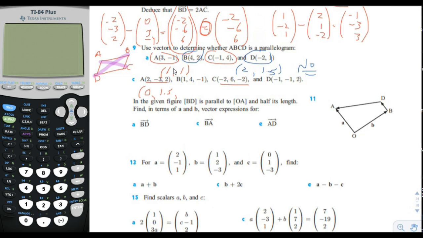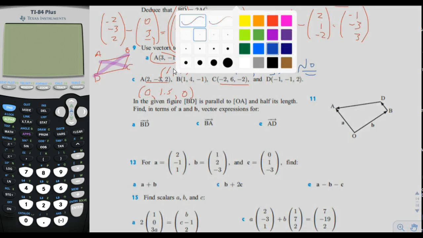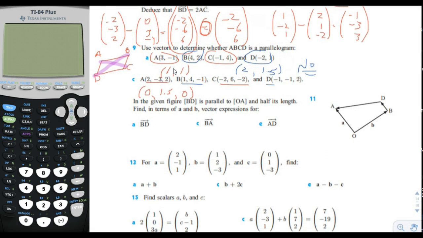And then the z coordinate, 2 and negative 2, it would be 0. Okay, let's try B and D now. Halfway between 1 and negative 1 is 0. Halfway between 4 and negative 1 is, let's see, 2.5, 1.5. And then halfway between negative 1 and 2 would be 0.5.